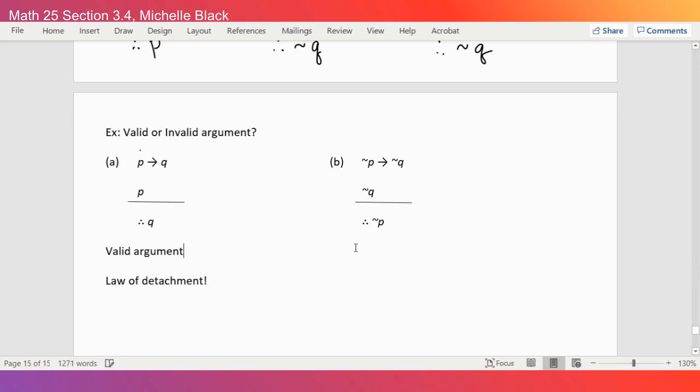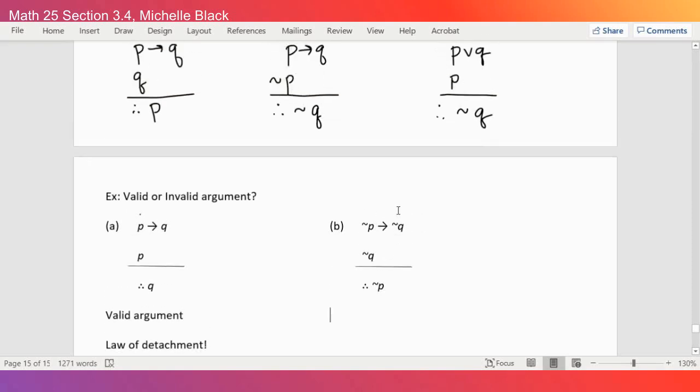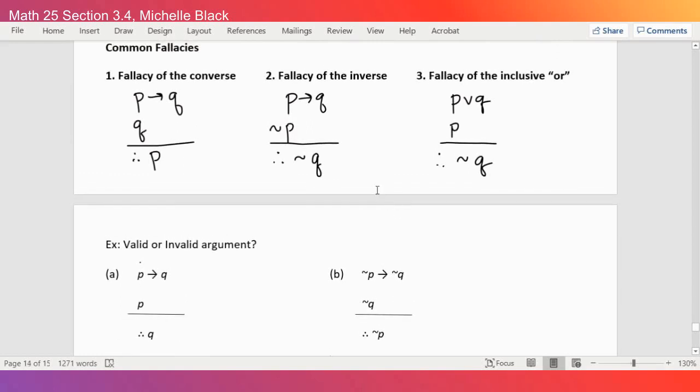Let's look at part B. In part B, we have if not P, then not Q, and not Q, therefore not P. If I go back and look at some of the ones we just wrote, this looks very similar to the fallacy of the converse, but instead of using P's and Q's, I'm using not P's and not Q's.